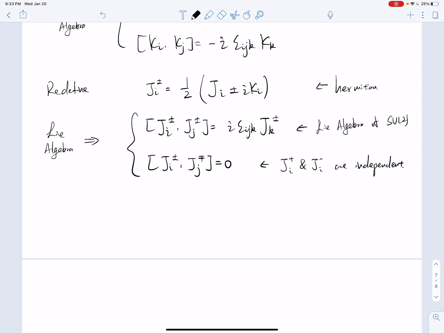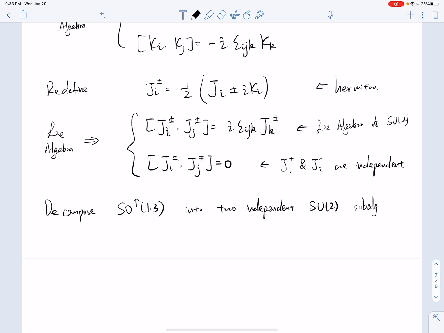It means that we can actually decompose our Poincare algebra into two independent SU(2) algebras, which in this case we call sub-algebras. So it means that SO(1,3) can be decomposed as two SU(2)s.